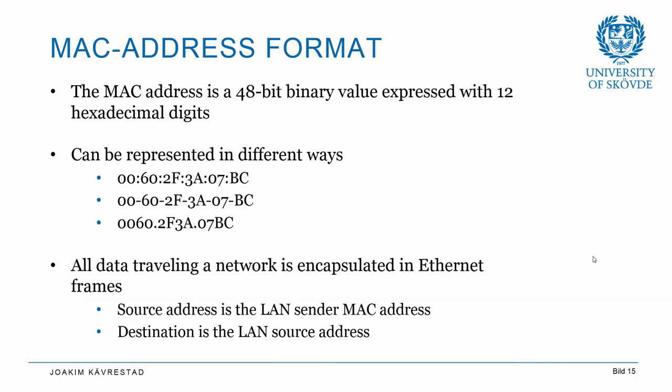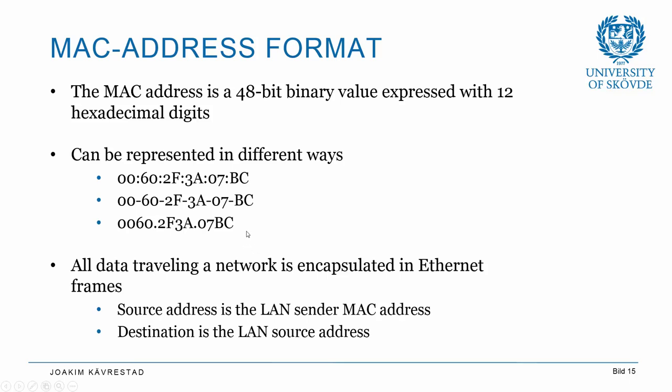So looking at the address format of the MAC address, the MAC address is a 48-bit binary value. But it's always expressed using 12 hexadecimal digits that can be represented in different ways. Usually you have groups of 2, like it shows here, that are separated by colons or by dashes.